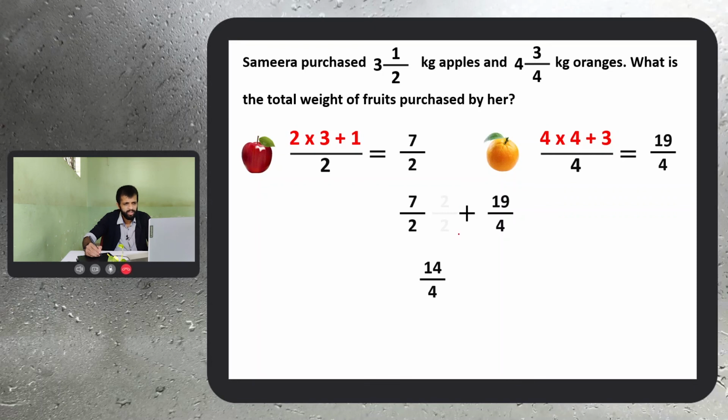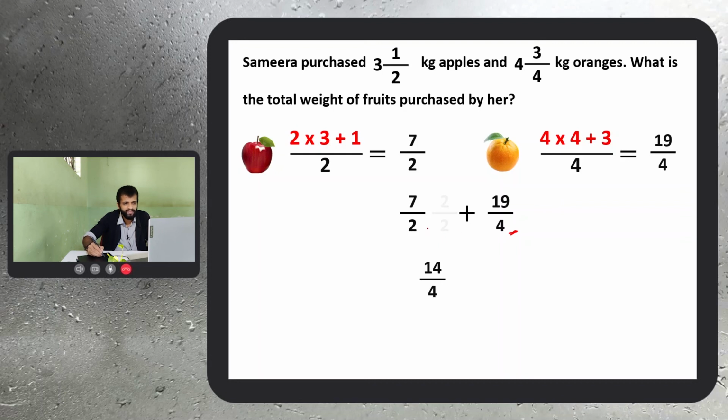And now just look at this. I need to convert these fractions into an equivalent, because if I have to add them, then I need to have a proper base. This is 2 and this is 4 over here. So how do I make these numbers same?